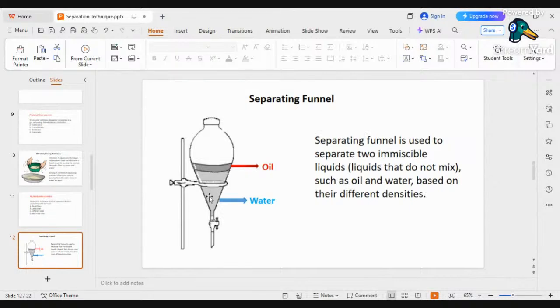Once the oil is about to come out, you quickly lock it. Now, ladies and gentlemen, you have successfully separated water from oil based on their different density. So you use a separating funnel to separate immiscible liquids.